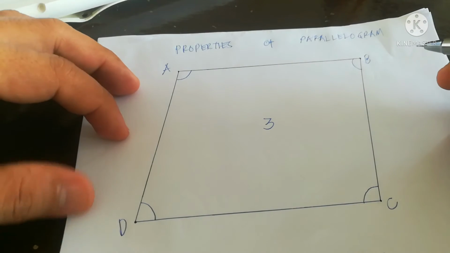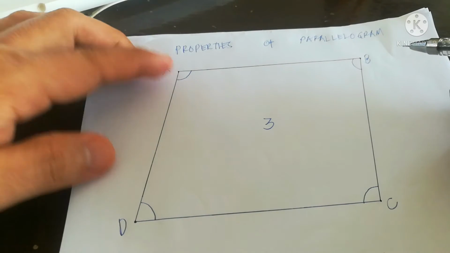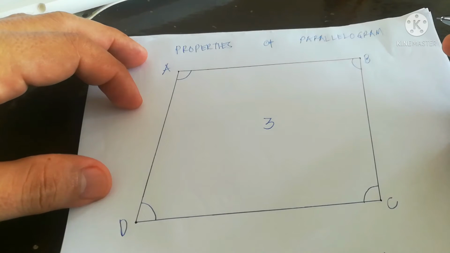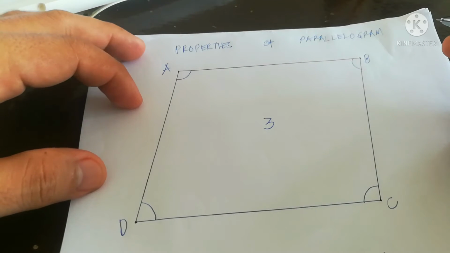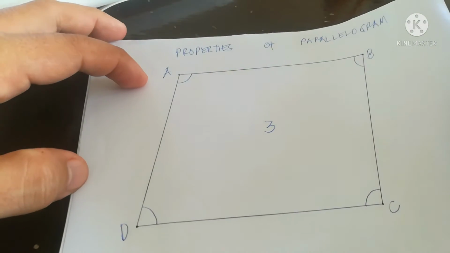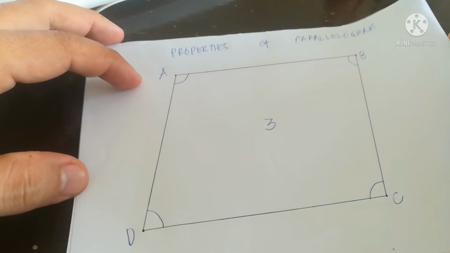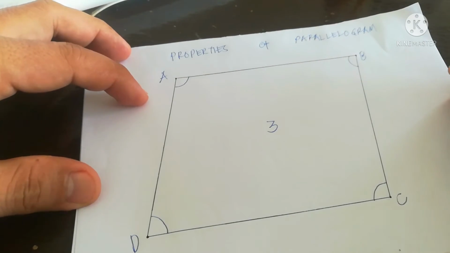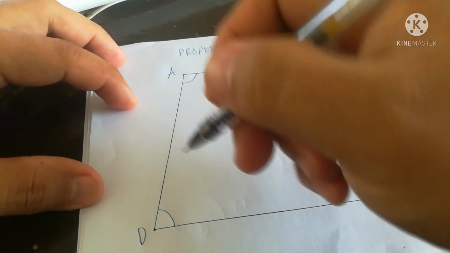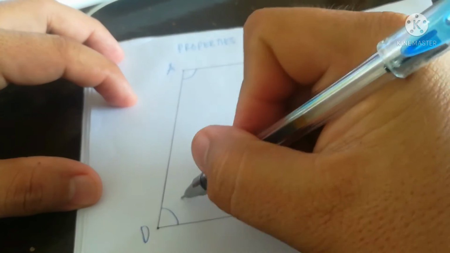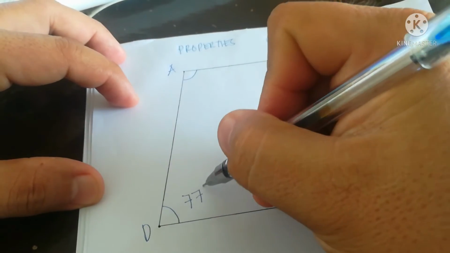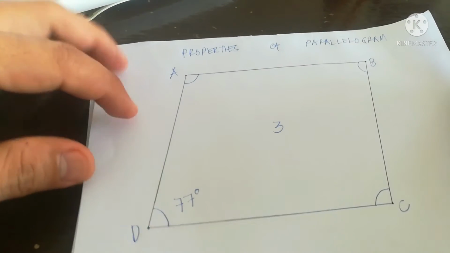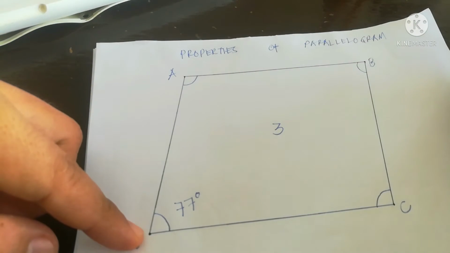And if we say supplementary, the sum of the two angles is 180 degrees. If angle D is 77 degrees, what is the measure sa iyahang consecutive?